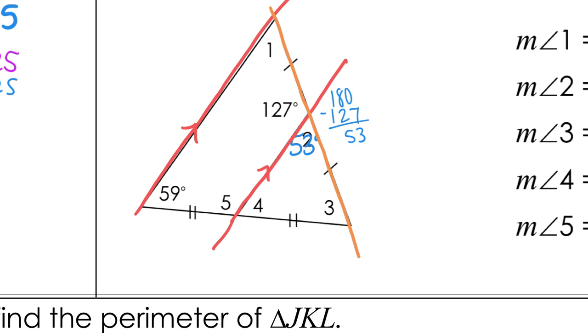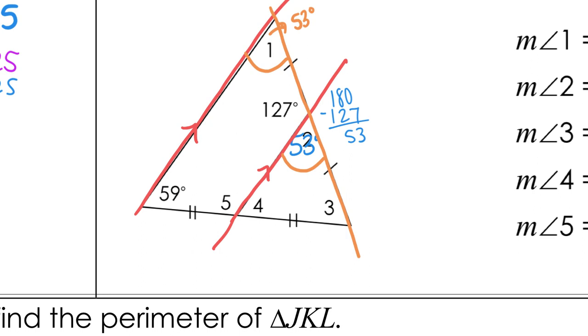One thing that we can say is that this angle and this angle are congruent because they are corresponding angles. So I know that angle 1 also has to be 53, right? That's one piece of information we could use.